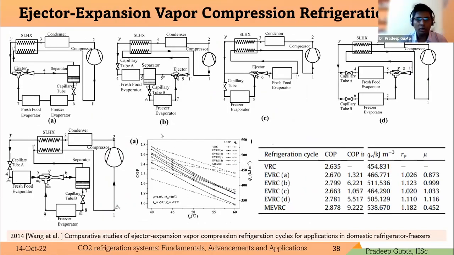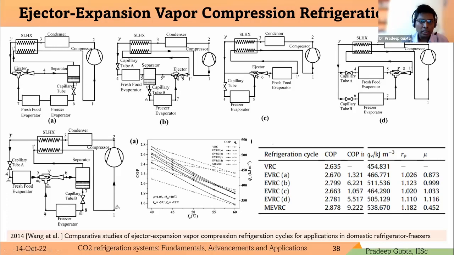In this slide, Van et al. have shown the effect of the placement of the ejector. They have a simple two-evaporator system, and they placed the ejector at different locations. In the first system, which is the basic one, after this heat exchanger they have put the ejector, and then we have two different evaporators.